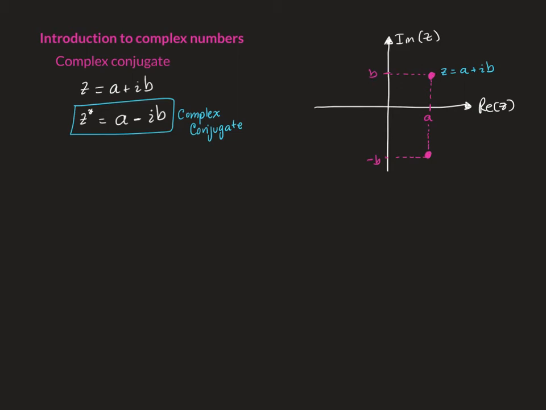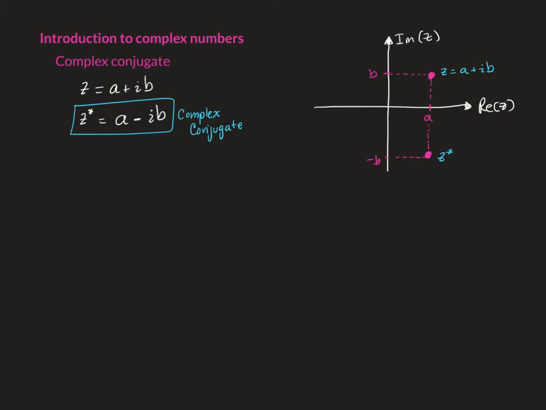And this resulting point is what we call the conjugate, and we represent it with z with an asterisk, or also in some textbooks you can find it like z with a bar on top. We are going to use the asterisk notation more frequently.